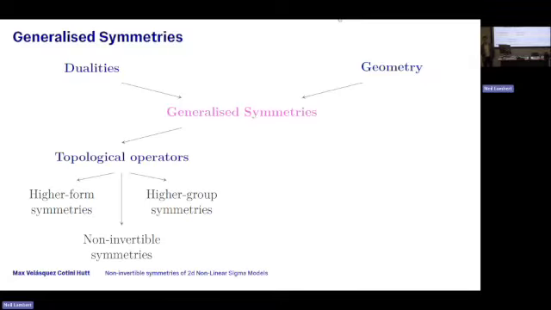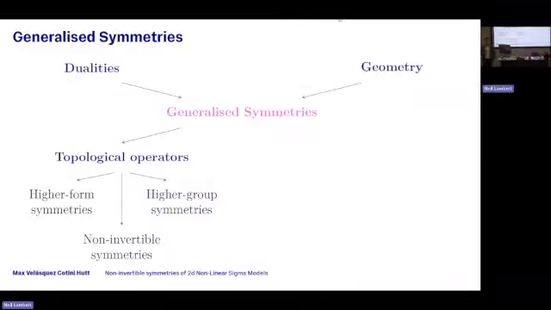Let me say a few words about generalized symmetries to put us all on a level playing field. So the modern way to think about global symmetries is, instead of thinking about some transformation of fields in an action, to think instead about topological operators. So these are operators which I can put in correlation functions, and I can move them around freely without changing the values of the correlators. And they come in all sorts of shapes and sizes.